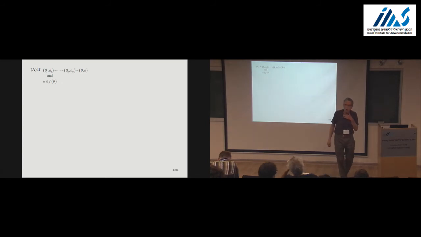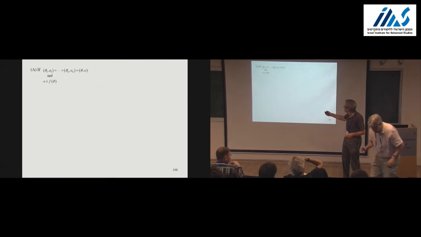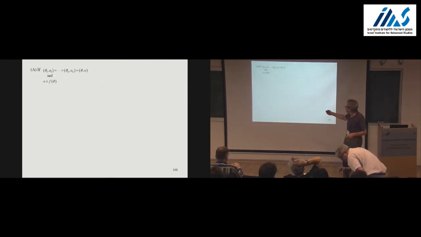So there are three steps to the construction, three cases that we'll look at. We'll first look at the case where everybody is announcing the same state. So theta 1 equals theta 2 equals theta n equals theta.